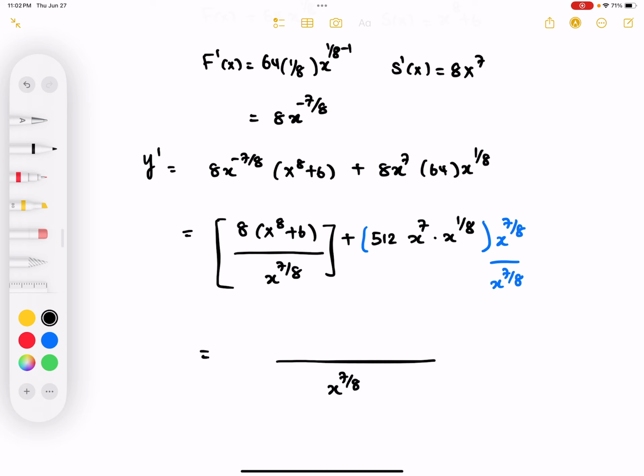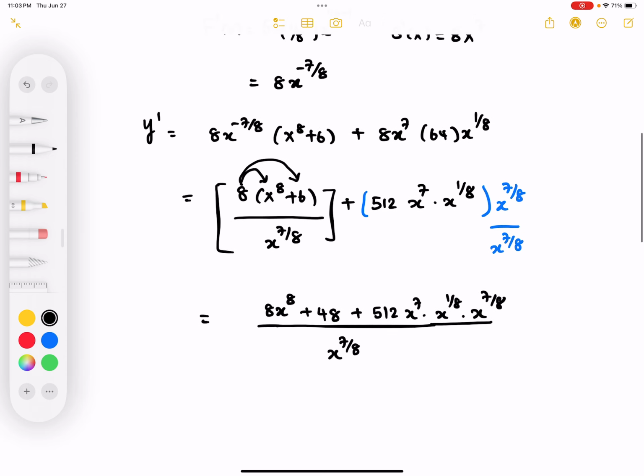Then the top one is 8 times (x^8 plus 6), this one is 48, plus the other one is 512 x^7 times x^(1/8) times x^(7/8). Look at the second one.